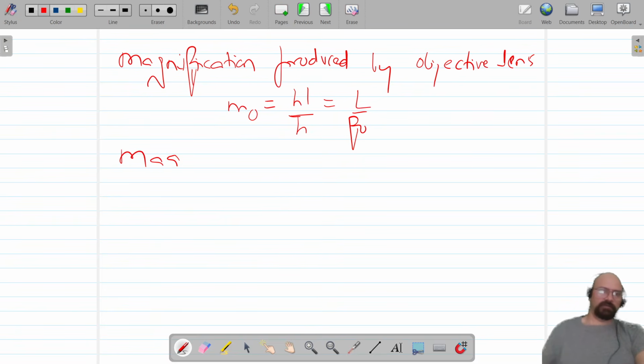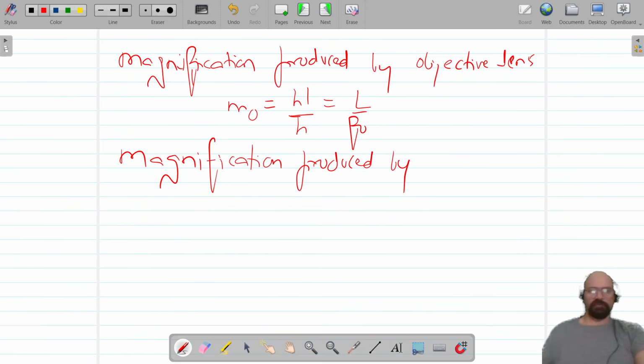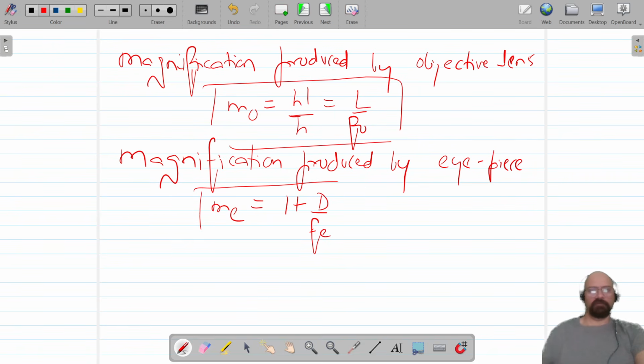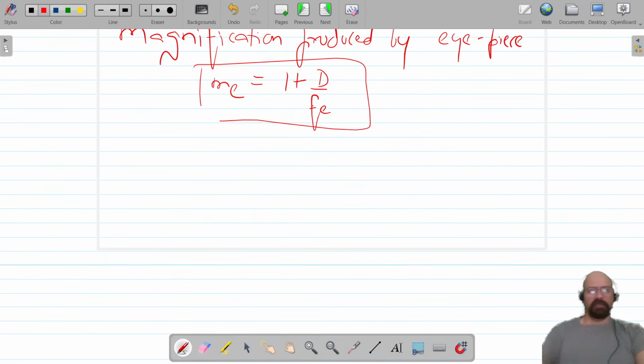Similarly, the magnification produced by the eyepiece lens is given by ME is equal to 1 plus D, least distance of distinct vision, divided by FE. So ये है magnification produced by objective, this is magnification produced by eyepiece. हमें चाहिए फाइनल इमेज. अगर फाइनल इमेज इन्फिनिटी पे बनाया है तो ये magnification जो है this will be D by f.